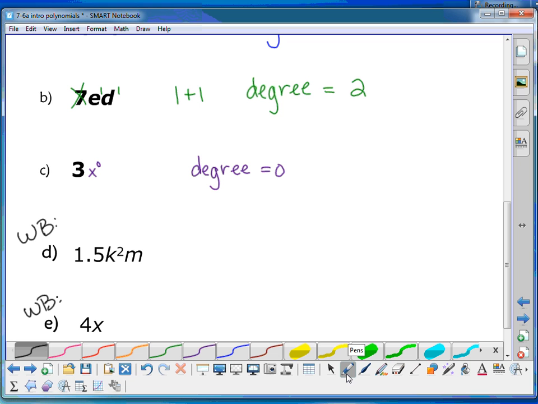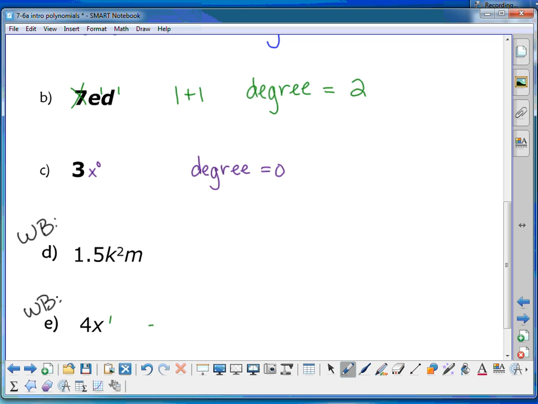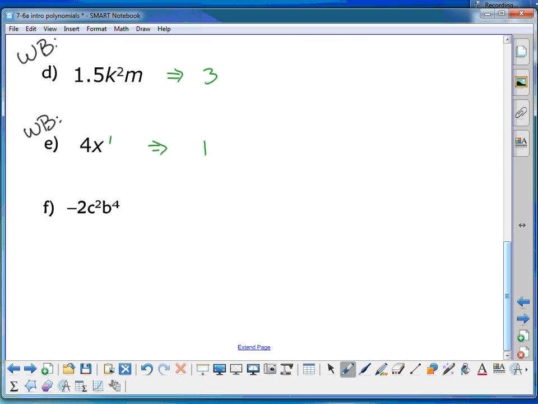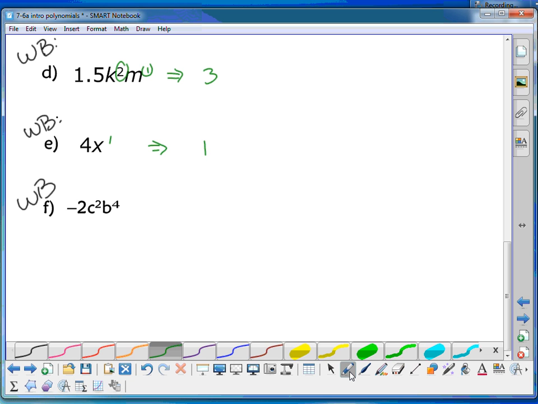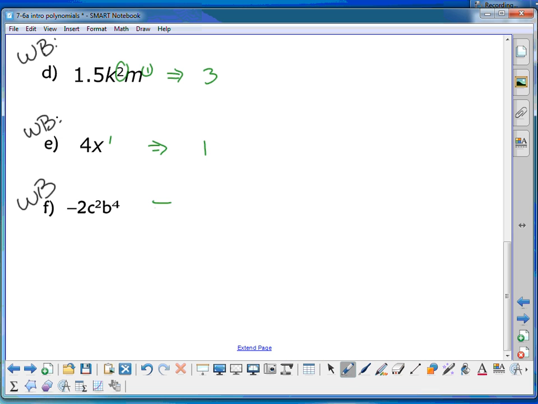Okay, so we have a variable, so it's not going to be 0. There is a variable, so it's to the first degree. This one has a degree of 1, and this one I forgot to write down is a degree of 3. You guys had that right. All right, one more for your whiteboard before we move on. The first one was 3 because of the 2, and then you assume a 1 there. All right, looks like you guys are all getting it. This one is 6 because we have 2 plus 4.